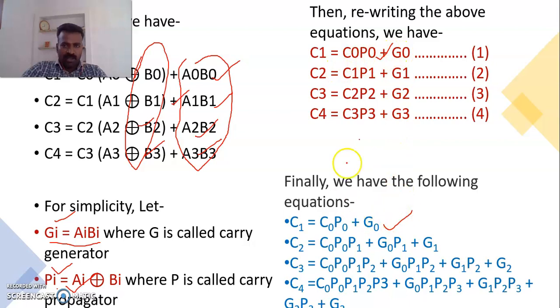The second one has C1, and C1 we already have as C0 P0 plus G0. Now substitute this C1 value here, then the C2 value here, then the C3 value here. Finally we have the expression of the carry look ahead adder. G indicates generate and P indicates propagate. That's why it is called carry look ahead.